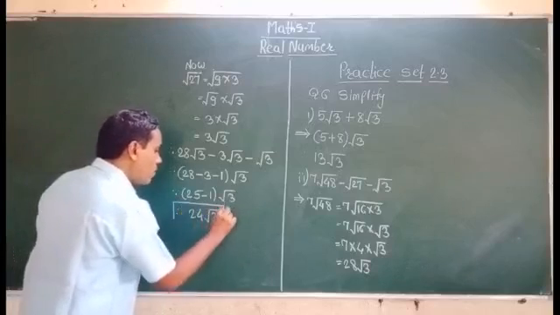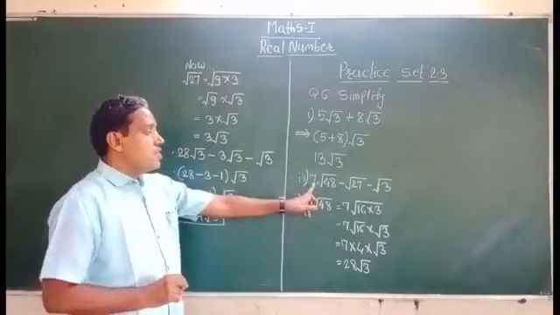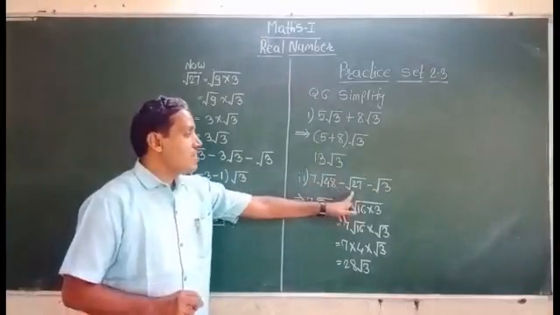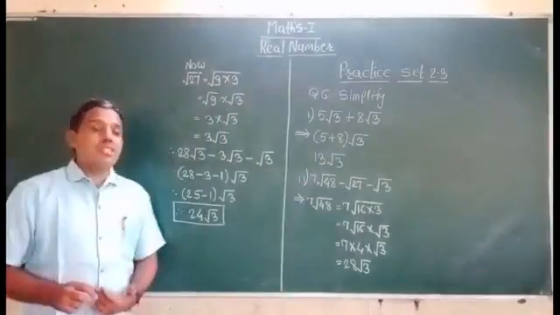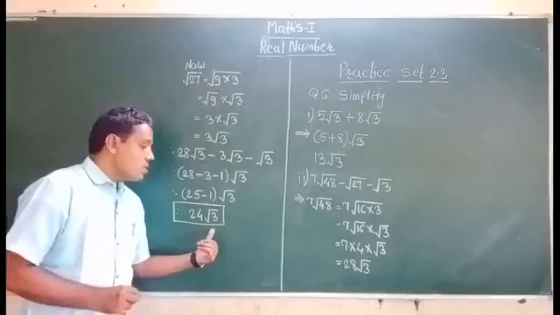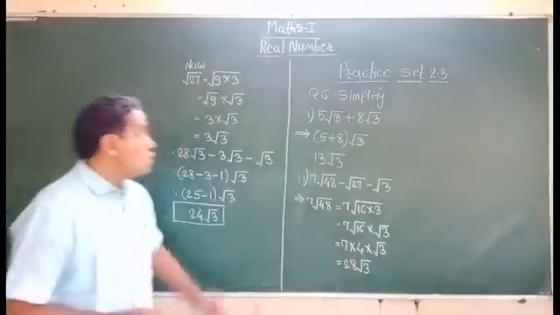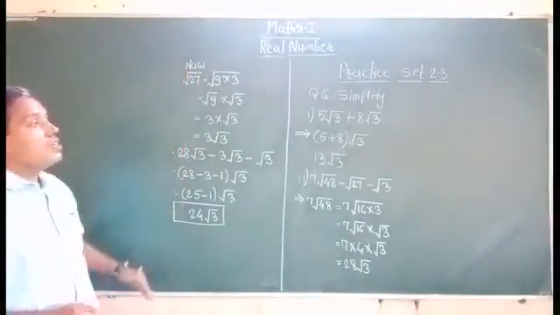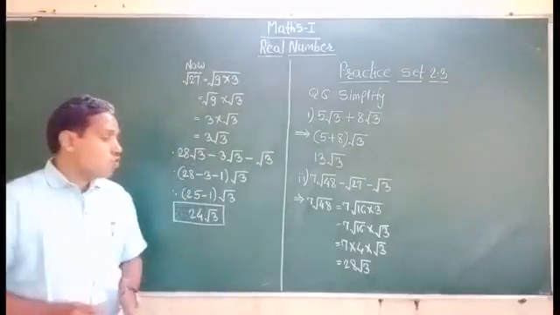So when we find the subtraction between 7 surds 48 minus surds 27 minus surds 3, we get the answer 24 surds 3. In this way we have easily solved the addition and subtraction of surds.